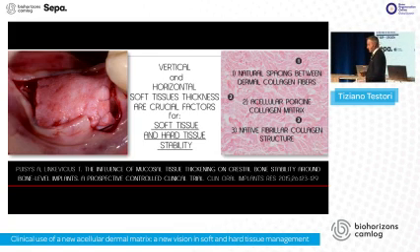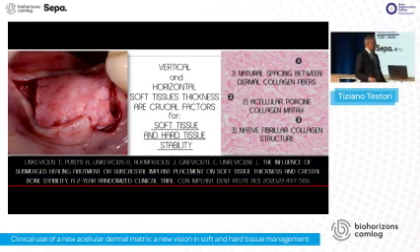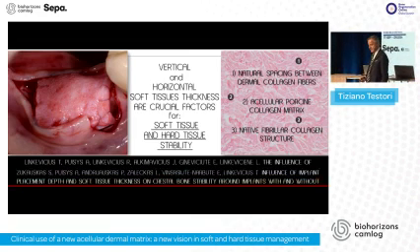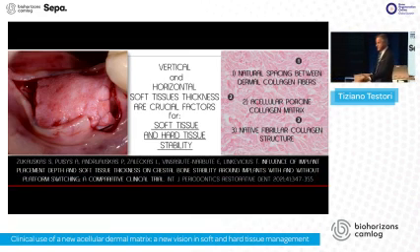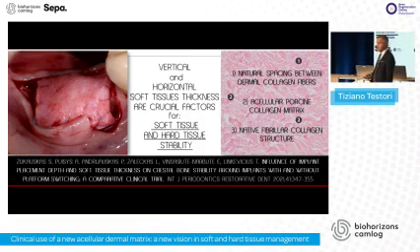So these are the two combined clinical messages that I want to stress with you. These are the pieces of information in the literature, and a very recent one was just published in the last issue of the International Journal of Periodontics and Restorative Dentistry, in 2021.